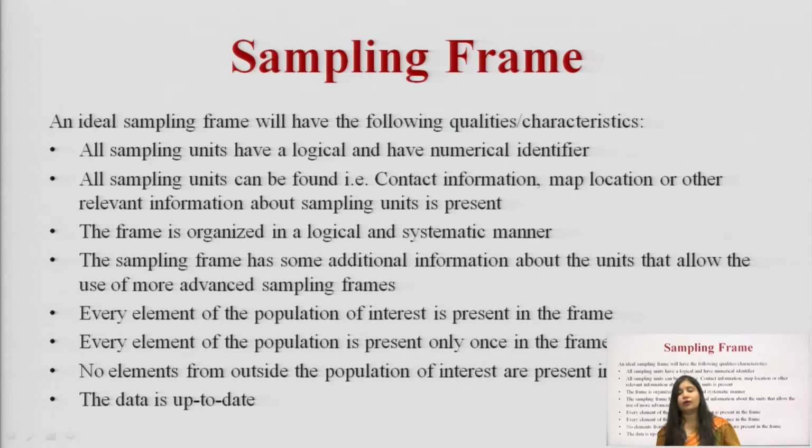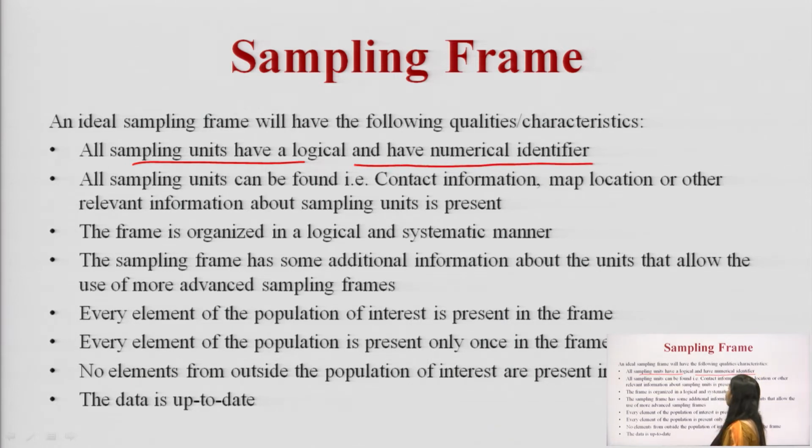Then what should be the qualities or characteristics of a good sampling frame? The qualities of a good sampling frame are, first, all sampling units have a logical and numerical identifier, which means whatever sampling unit we have taken should be logical and you can identify it numerically. Second, all the sampling units can be found, which means you can contact your sample.